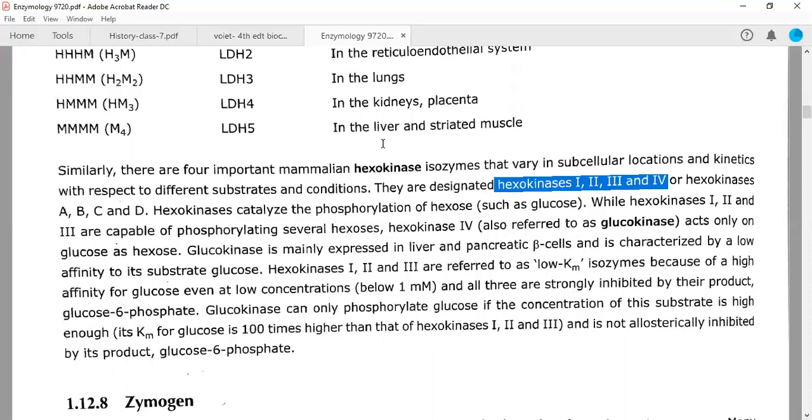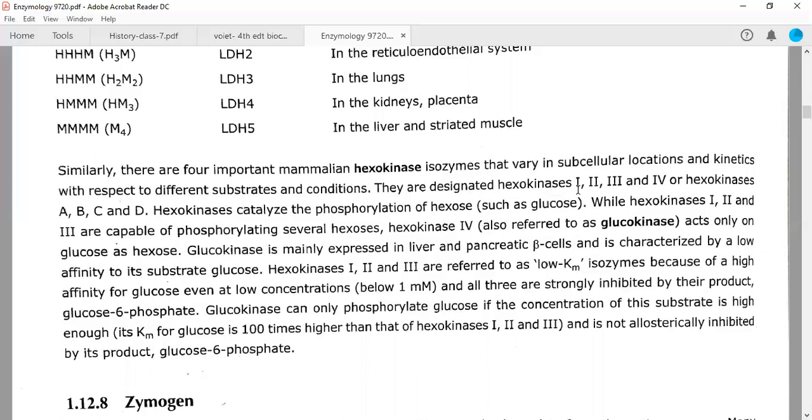First of all, the function. If you know hexokinase, it is a kinase overall. Hexose is a sugar, either glucose or mannose, and a kinase is an enzyme which transfers the gamma phosphate from ATP onto this hexose sugar. Now the first, second, and third hexokinases catalyze the phosphorylation of hexoses, for example glucose or mannose.